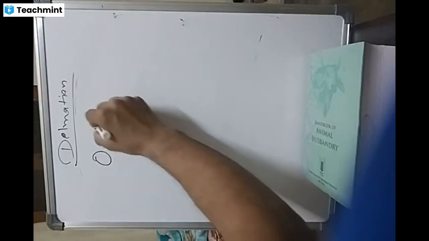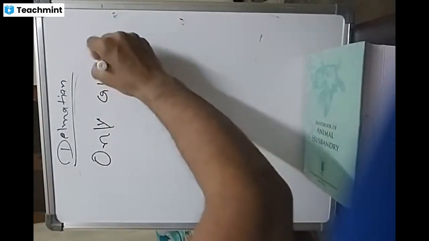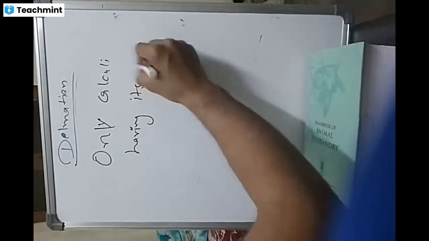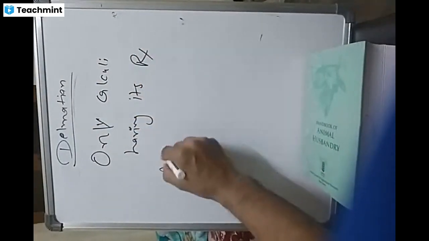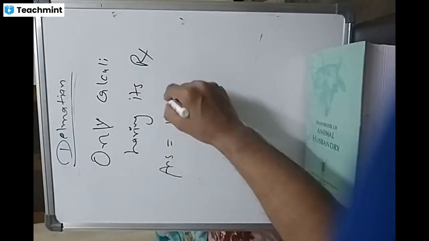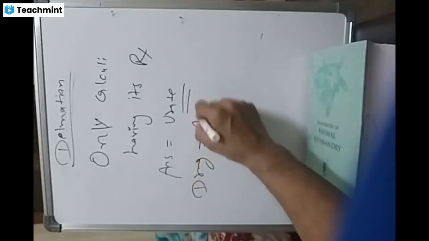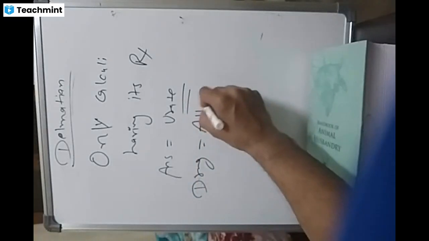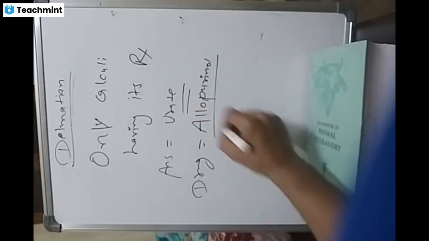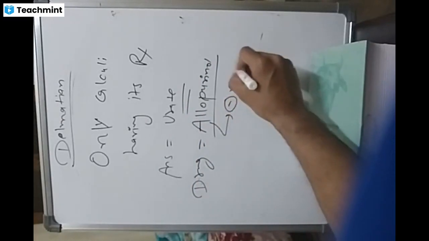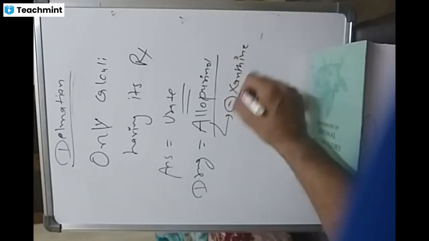If someone asks which calculi has its treatment, the answer is urate, and the drug will be allopurinol. The action of this drug is to inhibit xanthine oxidase.